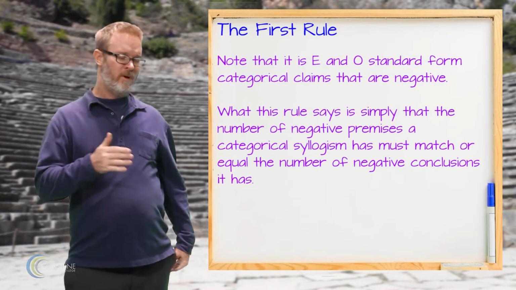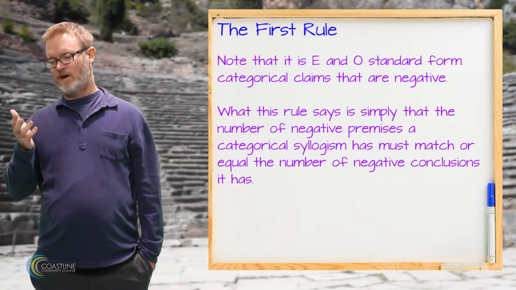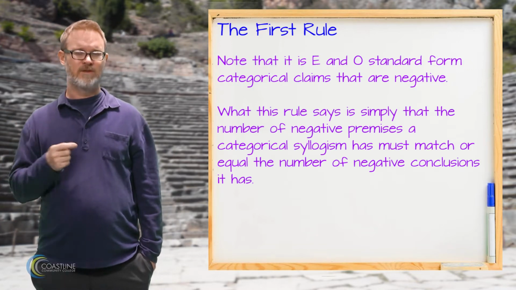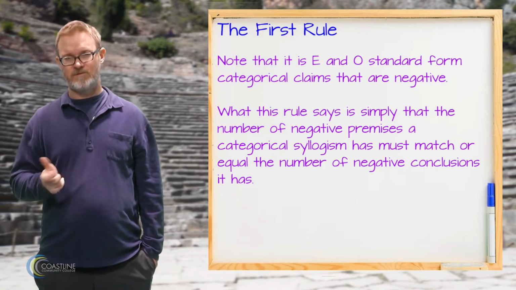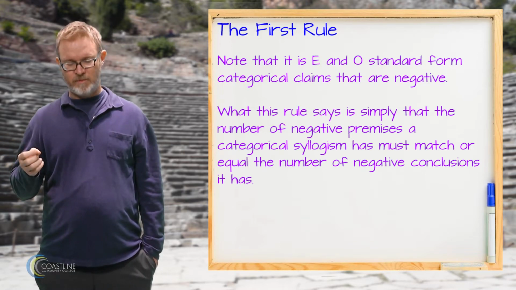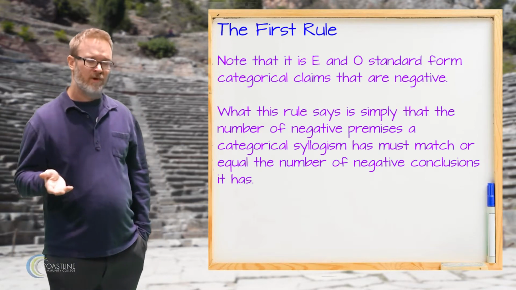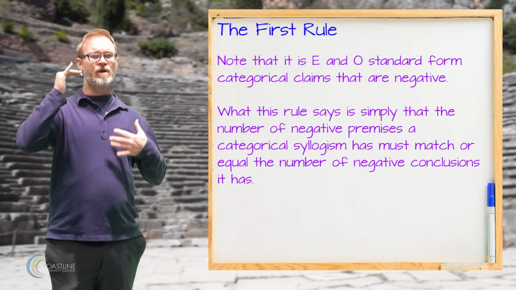Now if you remember, the negative claims are the E claims, like no tigers are plants. That would be an E claim, right? That's negative. The O claims are also negative. So, for example, some tigers are not plants. That's also a negative claim. So E and O claims are negative.